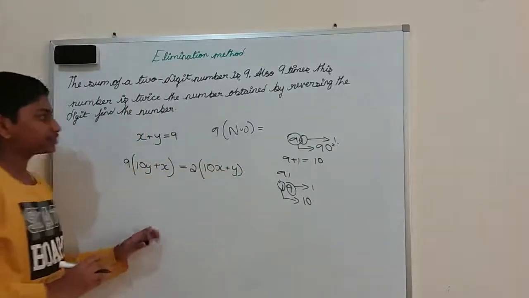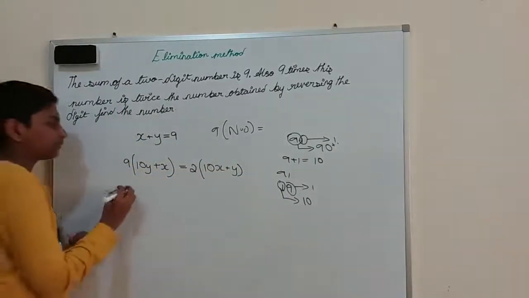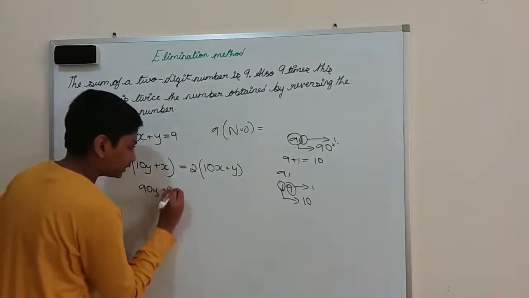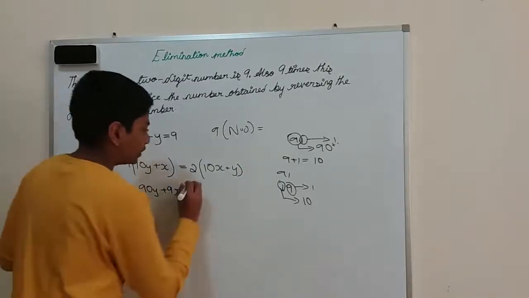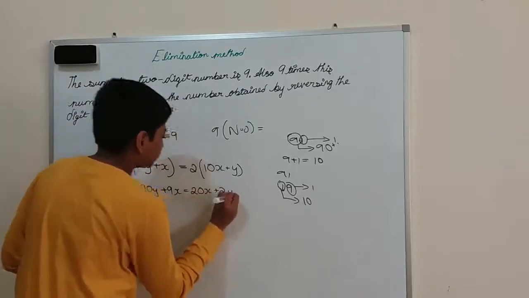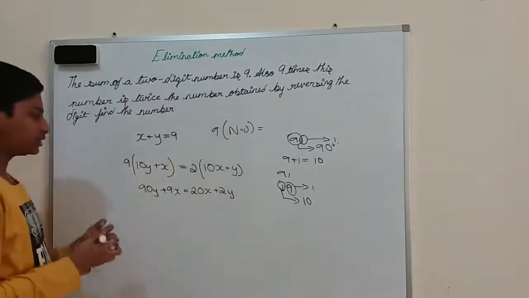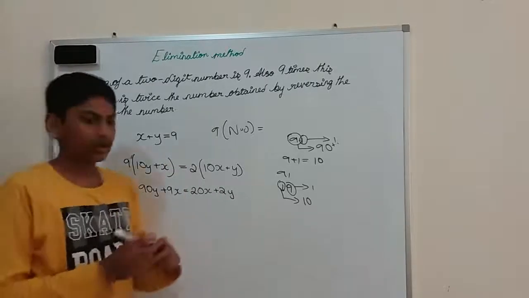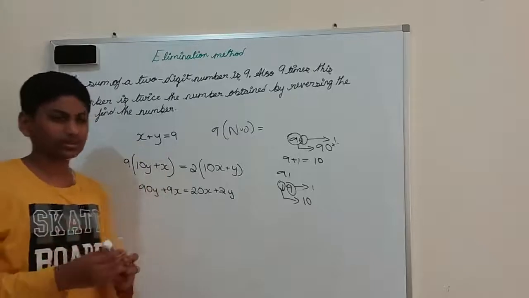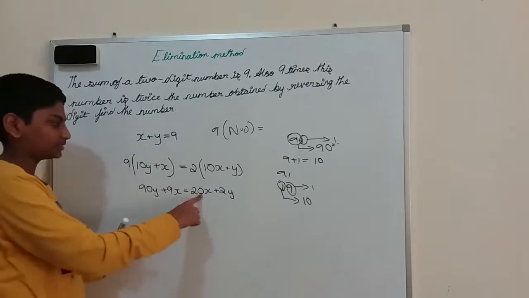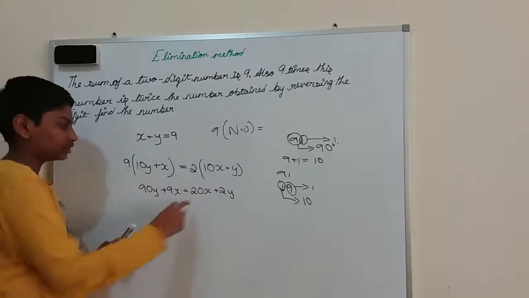Now we should simplify them. When I simplify, I get 90y plus 9x should be equal to 20x plus 2y. Now we should subtract. 20x is there and 9x is there, so I should minus these both.